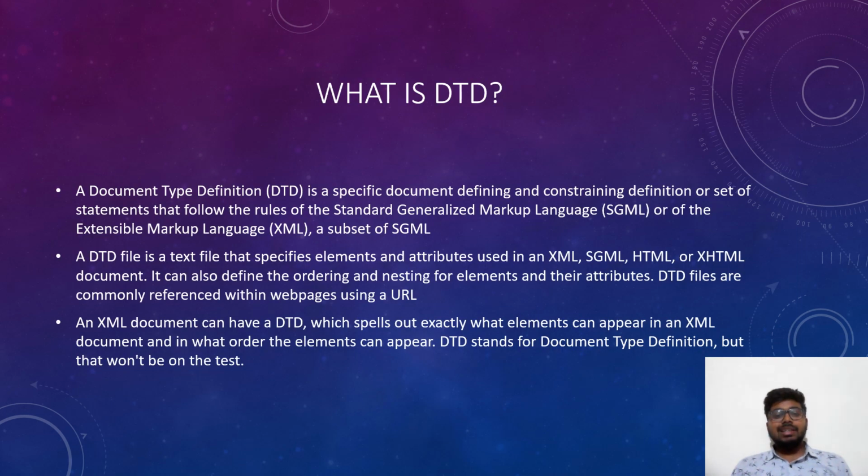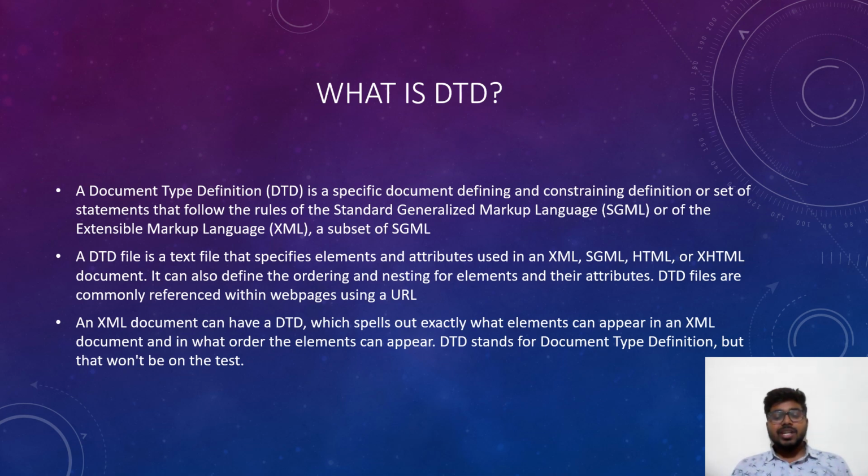What is DTD? DTD full form is Document Type Definition. It is a specific document defining and constraining definition, or a set of statements that follow the rules of Standard Generalized Markup Language, or of the Extensible Markup Language, a subset of SGML.